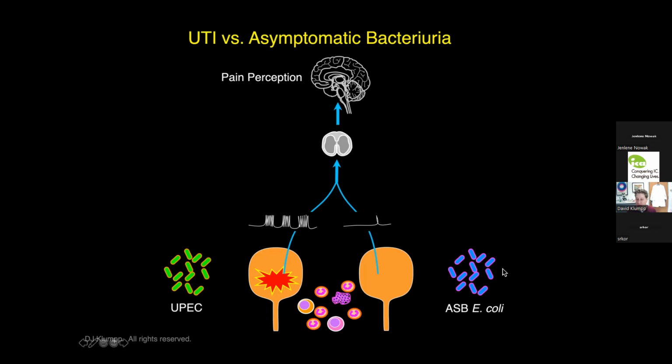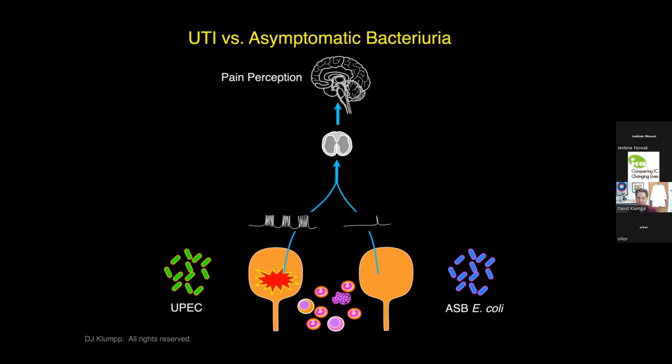But there are also many individuals, particularly the elderly, and in long-term care facilities this can approach 100% of the residents, who can have their bladders fully colonized with E. coli. And this is a condition called asymptomatic bacteriuria, ASB. In an ASB, these individuals have bladders full of E. coli. They have robust inflammatory responses, but for some reason have no discomfort from that.